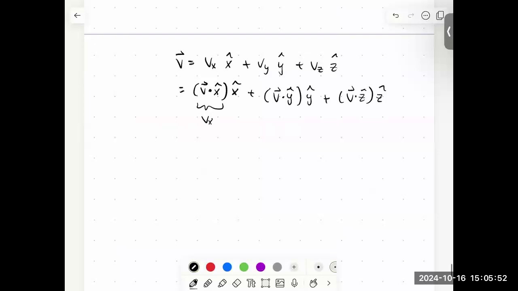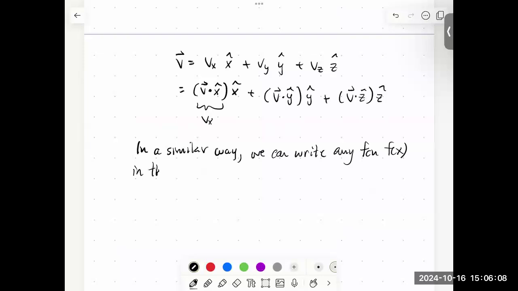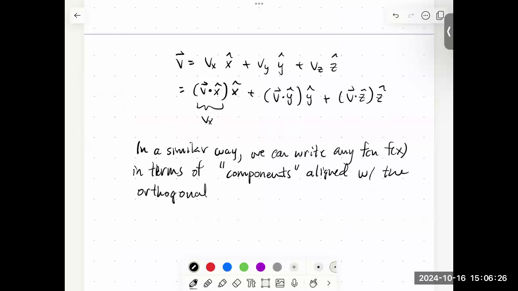Okay, I want to do the same thing for my function space. In a similar way, we can write any function f of x in terms of, I'll put in brackets, components aligned with the orthogonal basis functions, sine of n pi x.